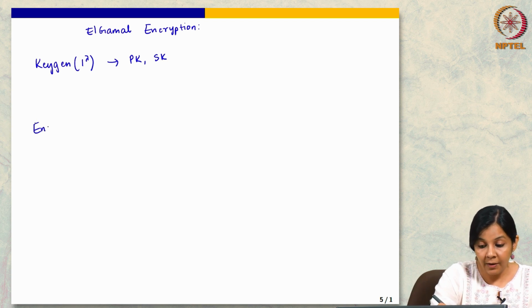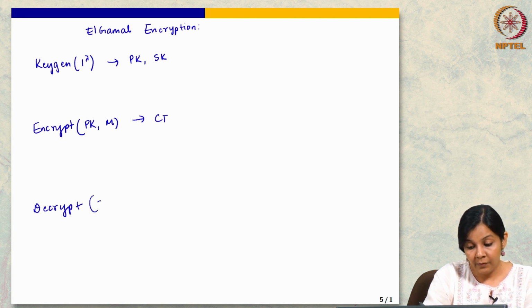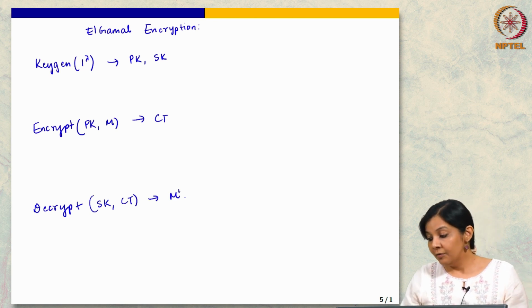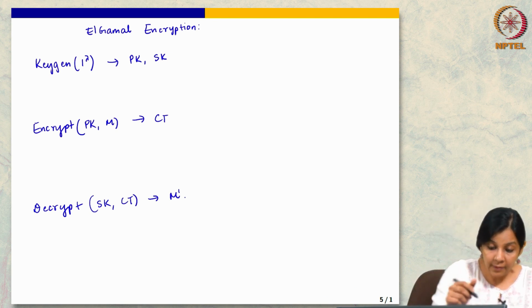And then we have encrypt, right, which should take the public key and some message, and it should output the ciphertext. And then we have decrypt, which should take the secret key and the ciphertext, and it should output some message, right. So this is what we need to construct. So let's build this.